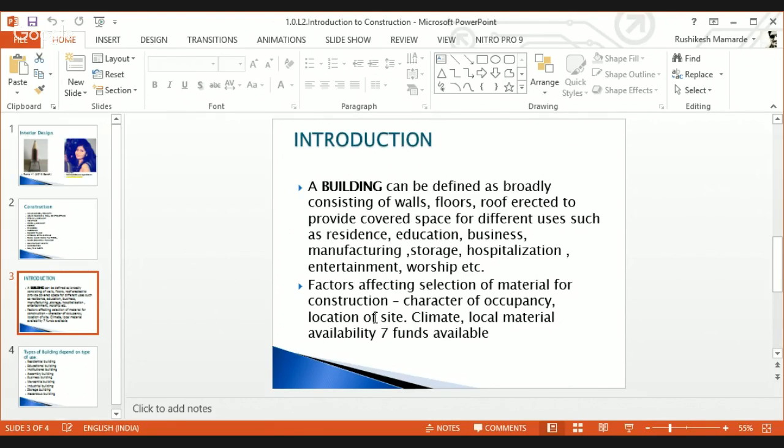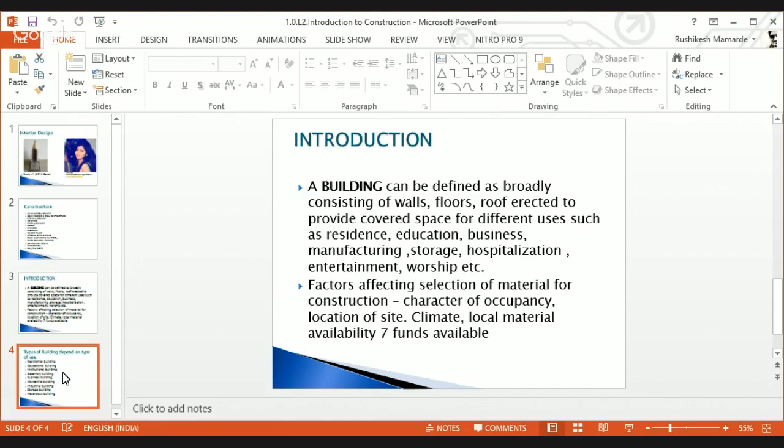I'll only cover it with GI, that is galvanized iron sheets, what in Marathi we say patrachi ghar. I'm just giving you an example. I have my land, everything, but I don't have the funds, so I'll go for cheaper options. So funds are also a factor which affects the selection of material while constructing any building.